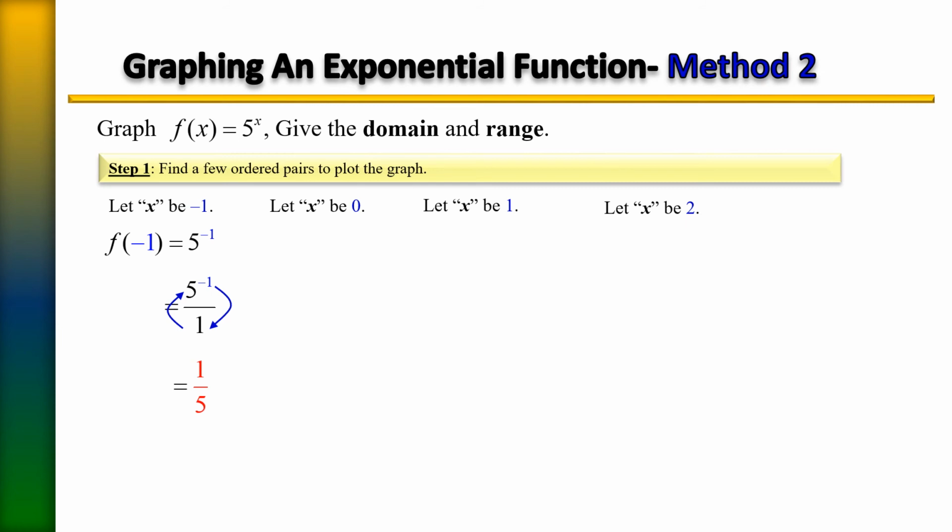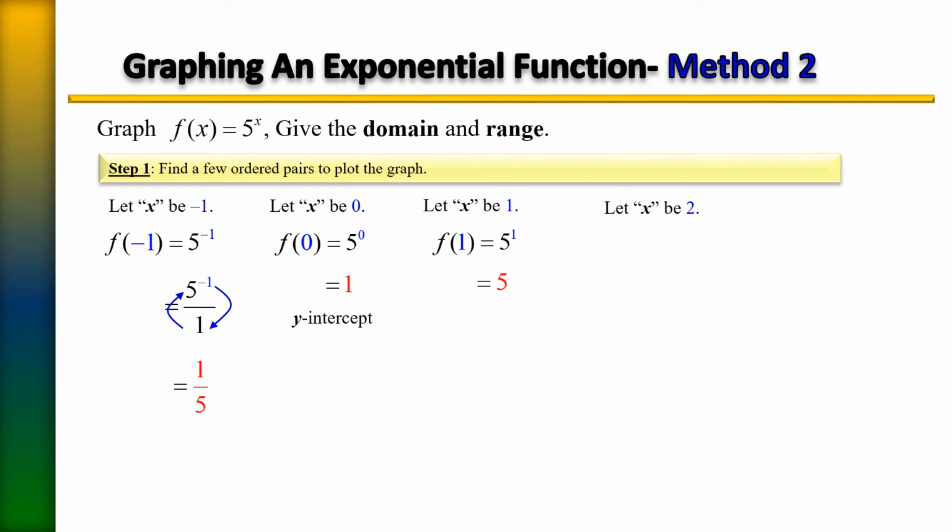Next, we will let x be 0, remove the x and replace it with 0. We know that any number raised to the 0 power equals 1, so what we get is an output of 1. Next, letting x be 1, remove the x and replace it with 1 is going to give us 5, because 5 raised to the 1 power is still just 5.